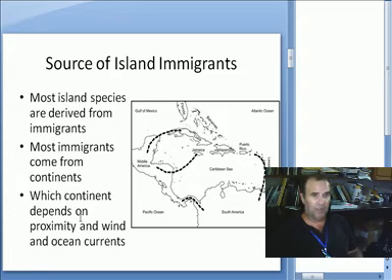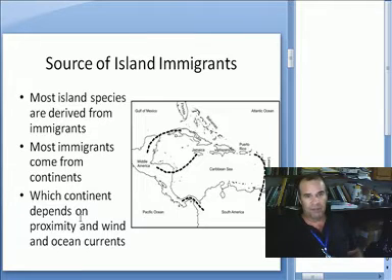Which continent they come from depends a lot on the proximity of that continent and wind and ocean currents. So an island in the middle of the Atlantic or in the middle of the Pacific is most likely to be colonized by immigrants coming from the east, because generally water currents and wind currents tend to travel from east to west, so they will bring immigrants from continents to the east around to the island across the oceans.